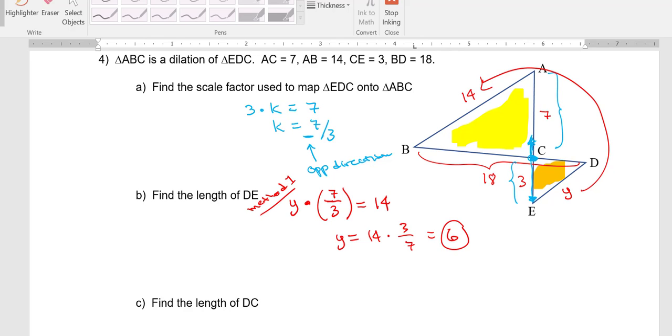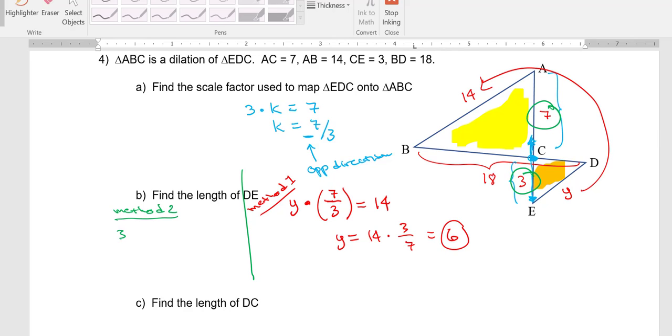The second method is really where we're headed with this. So I'm going to split this problem here and call this method 2. This basically hints at the similarity type of problems that we're going to be doing, using proportions. So just to give you a little foreshadowing here, 3 is to 7.